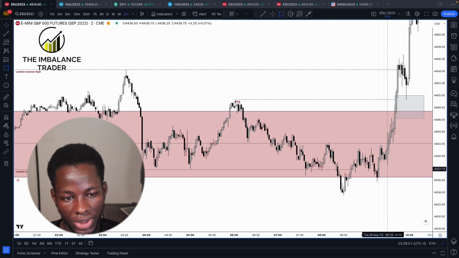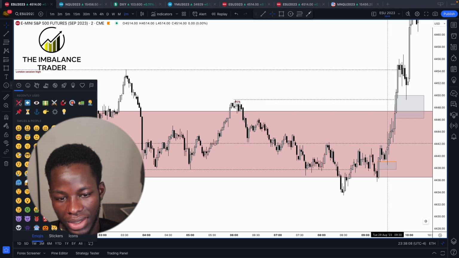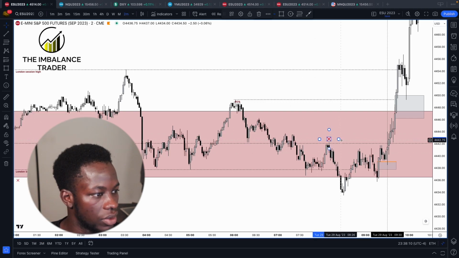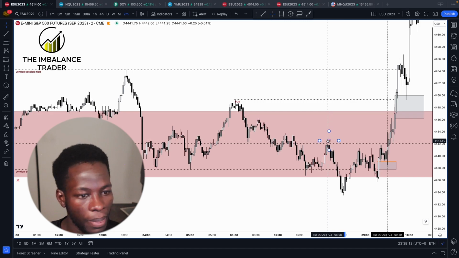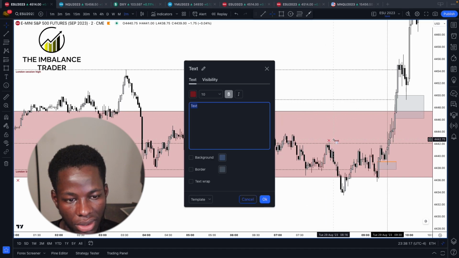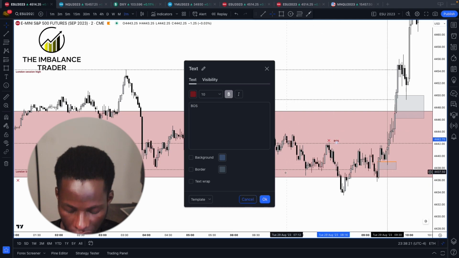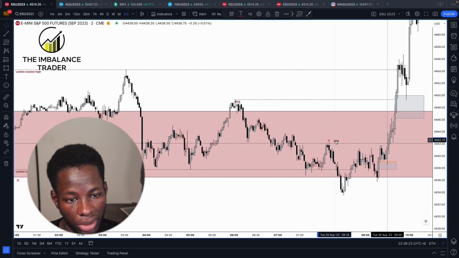Once we trade through that consequent encroachment, we do have a shift in market structure here, and we have a fair value gap right prior to that. So if you look clearly, here is the breakout structure of the shift in market structure for intraday.